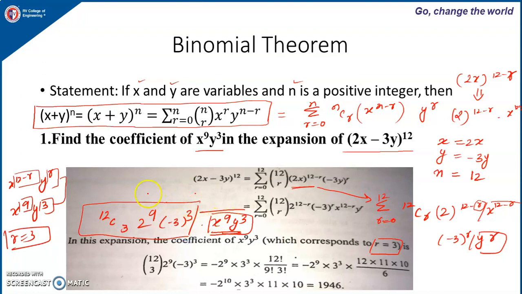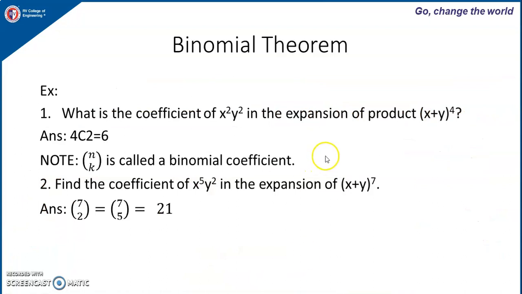So we have to find this value. 12C3 means 12 factorial upon 3 factorial into (12-3), 9 factorial, times 2^9 and (-3)^3, and once we calculate this value, we'll get the answer. That's how we find the coefficient of x^9 y^3 in the expansion of (2x - 3y)^12. Okay, let's take a few more examples.